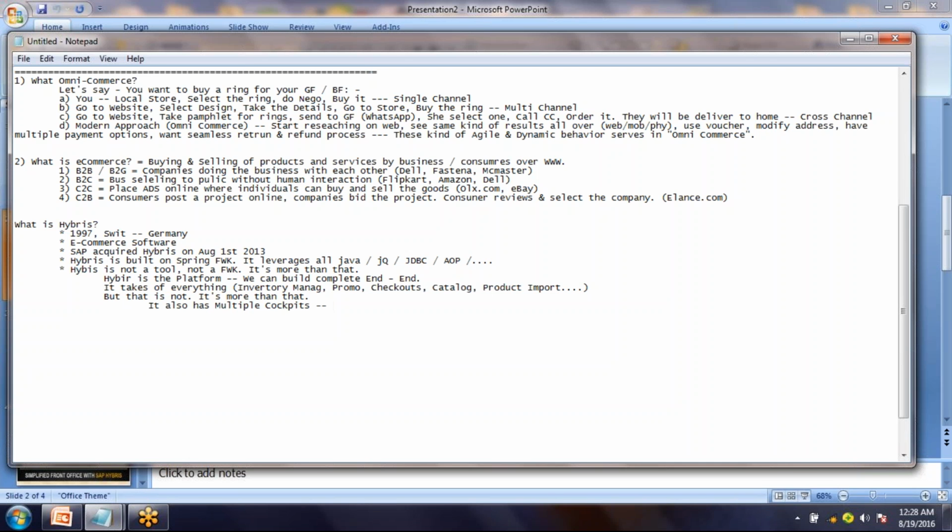We will talk about what a cockpit is after a few minutes, but for the time being you can assume that a cockpit is like software which allows you to do some specific task. Hybris provides multiple cockpits. So what are the different cockpits we have?